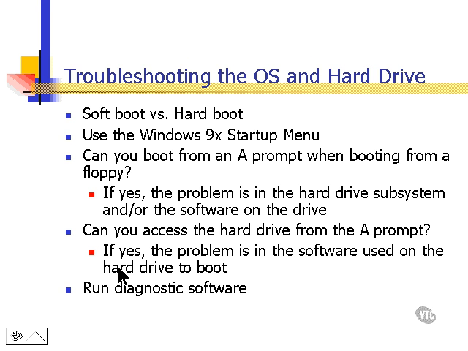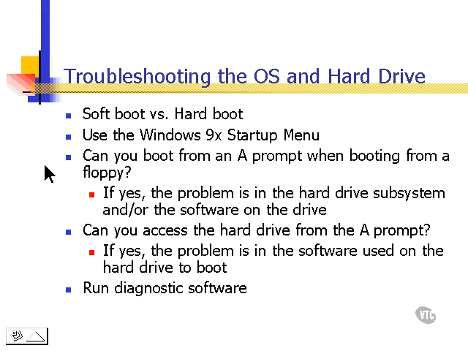Windows has a startup menu, which we'll take a look at in just a second, which can allow us to step through the entire boot up process and see what is happening and what is not happening. But a couple of questions that we can ask are, can we boot from an A prompt when booting from the floppy?